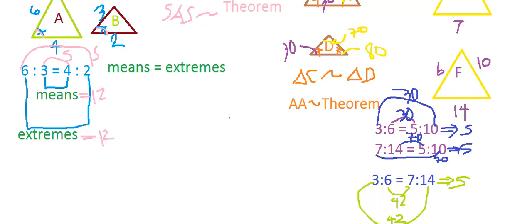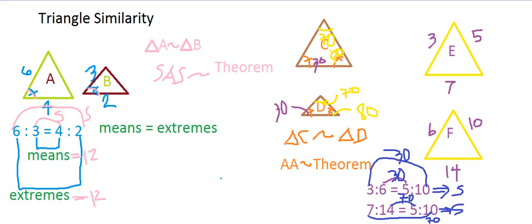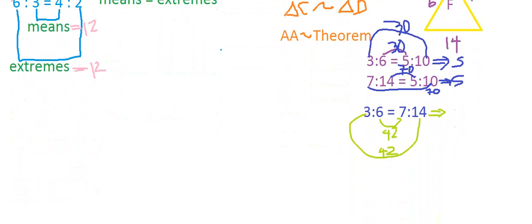Therefore, triangles E and F are similar. Triangle E is similar to triangle F. For what reason?